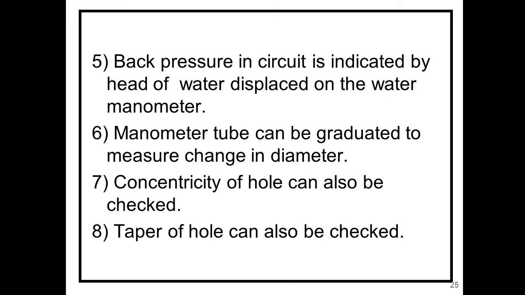As we have seen, there is no contact between the gauging head and the workpiece, so there is no issue of wear and tear of the measuring instrument. That is very important. Then the number of moving parts is very small, so more accuracy is there, because less friction and less inertia is there.